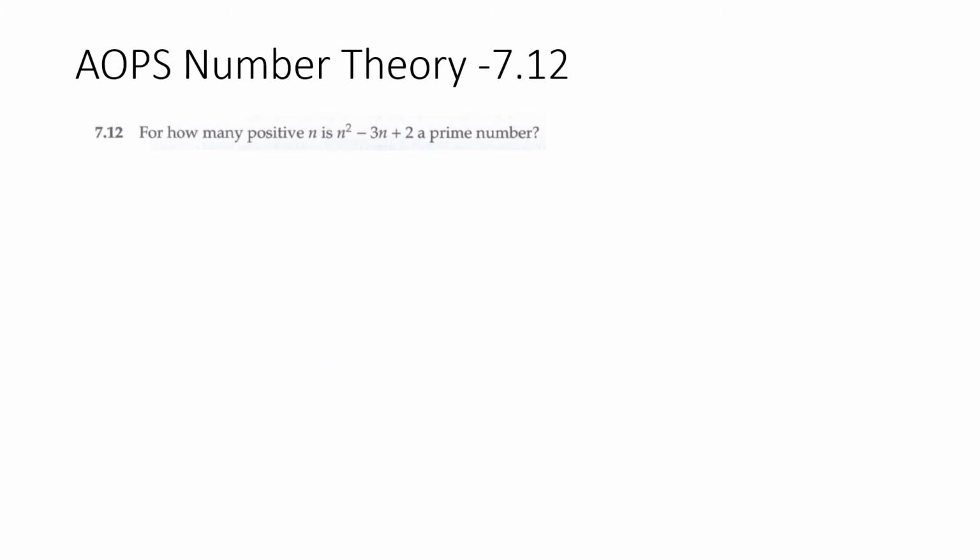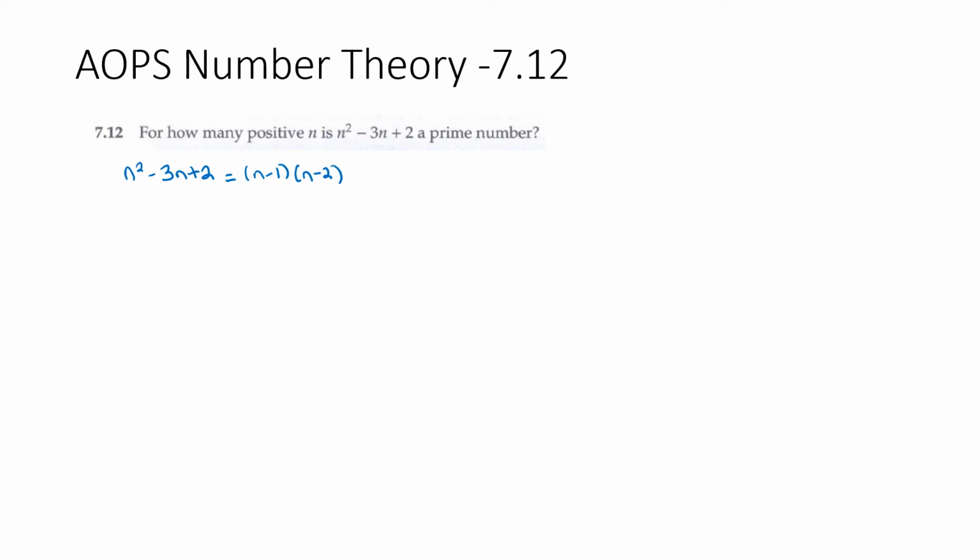AOPS number theory 7.12. For how many positive n is n squared minus 3n plus 2 a prime number? So n squared minus 3n plus 2 can be factored into n minus 1 times n minus 2, and a prime number can only have one divisor greater than 1, and that's itself.